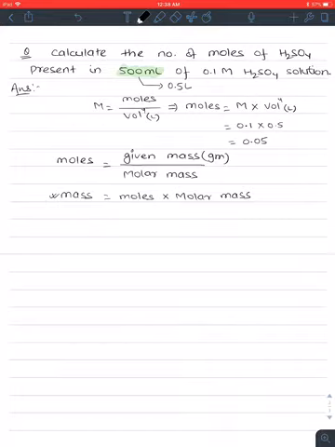Now we can also try to solve different questions on the basis of molarity by a simple formula, which is that molarity is equal to number of moles of solute divided by volume of solution in liters.